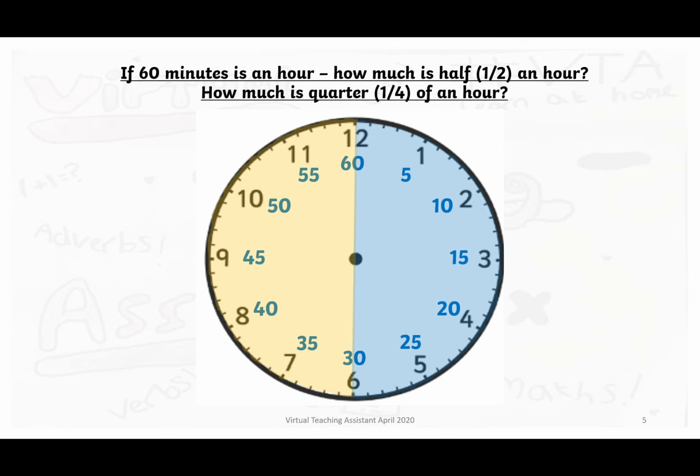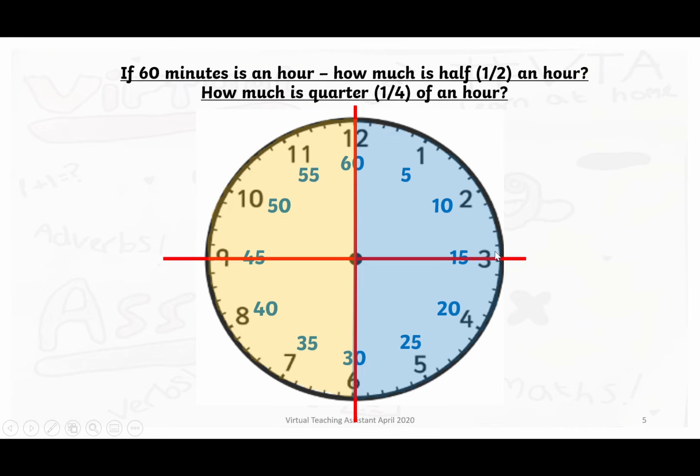Now, how much is half an hour? We know the full circle of the clock is 60 minutes. What is half of 60? Let's count just to be sure. 5, 10, 15, 20, 25, 30. So I know 30 minutes is half an hour. What's quarter of an hour? 5, 10, 15.